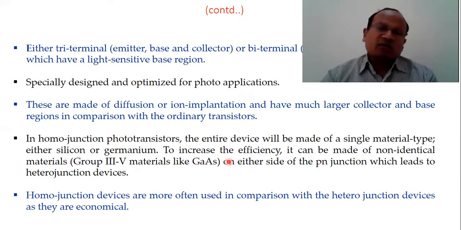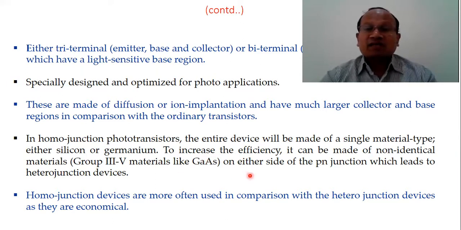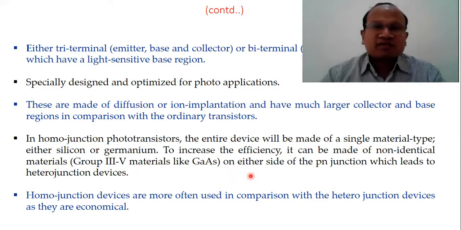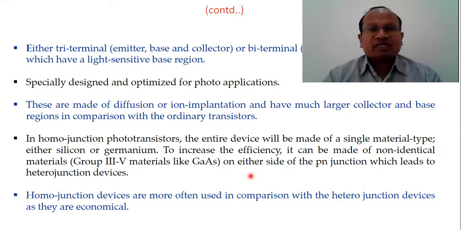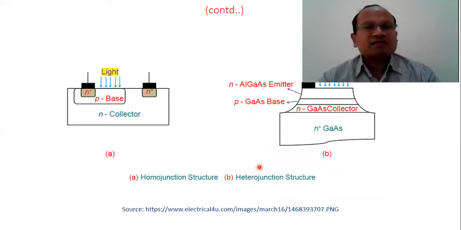Homojunction, it will still work, but the efficiency will be less than that of heterojunction. Homojunction devices are often used in comparison with heterojunction devices whenever there is an economy involved, because they are economical. When we go for specific materials, photodiode, phototransistors made up of specific materials like group 3 and group 5, the cost of the phototransistor increases.